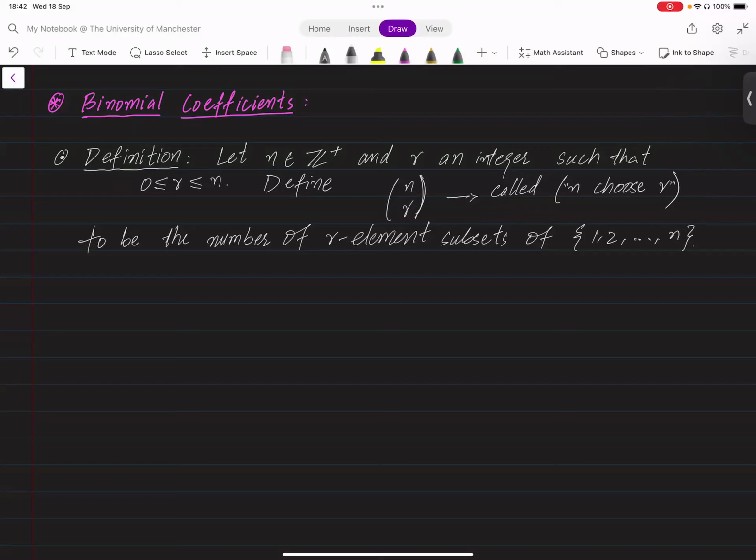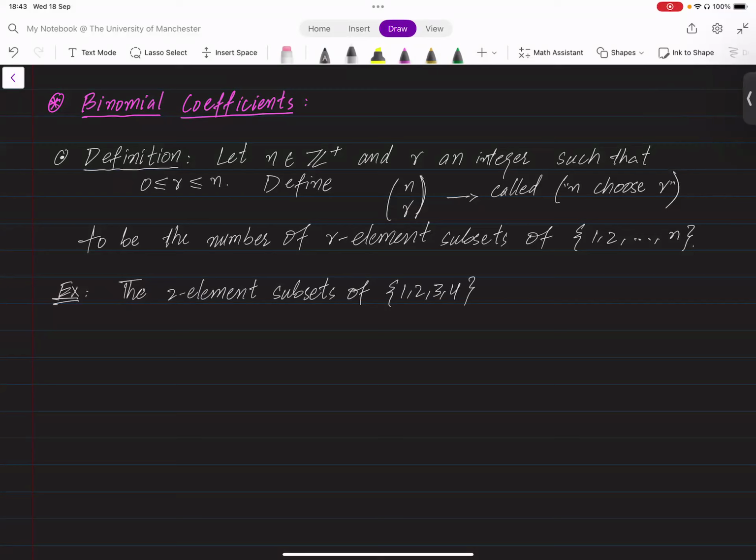Okay, so for example, take the two-element subsets of the set {1, 2, 3, 4}.